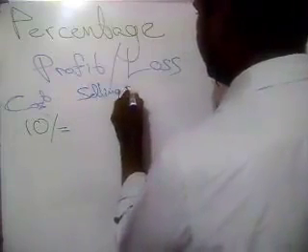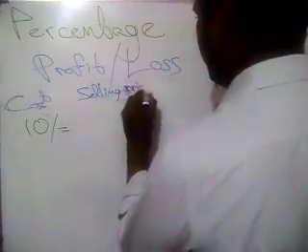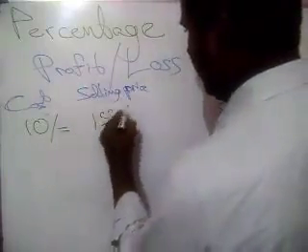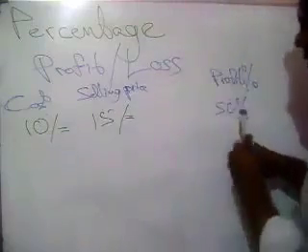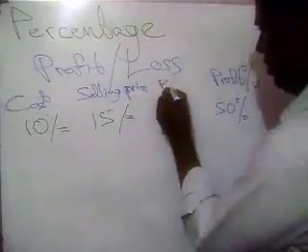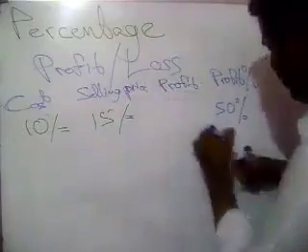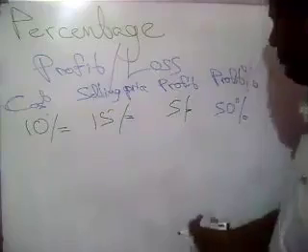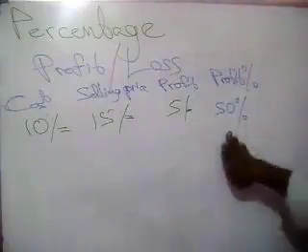The selling price was 15 rupees, and your profit was 5 rupees, and your profit percentage was 50.